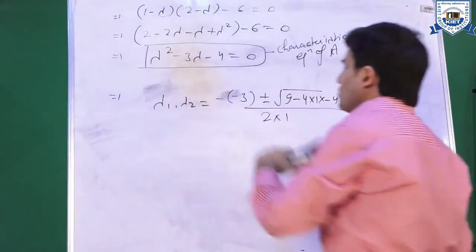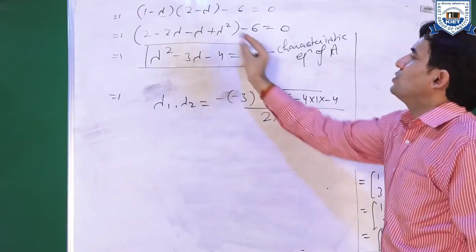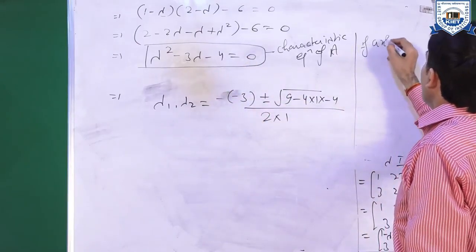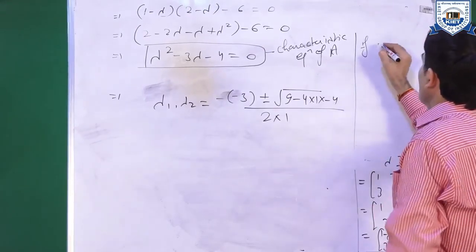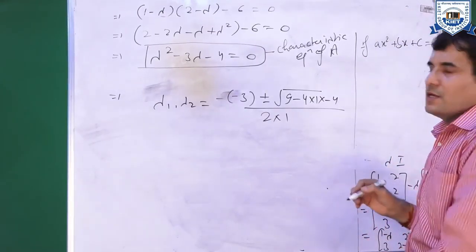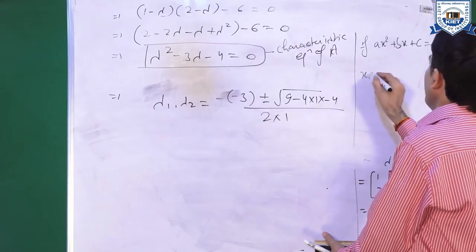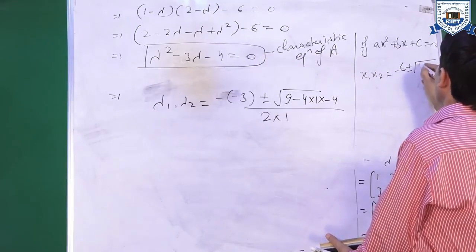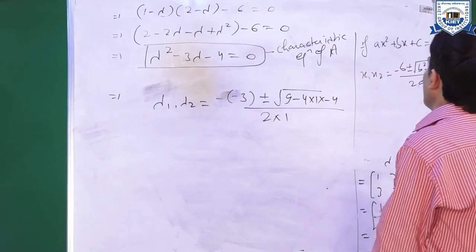Here I am using the Sridharacharya rule to find the roots of this quadratic equation. The rule is, if ax square plus bx plus c is equal to 0, which is an algebraic equation in x, then the roots of this equation will be x1, x2 is equal to minus b plus minus under root b square minus 4ac upon 2 into a.